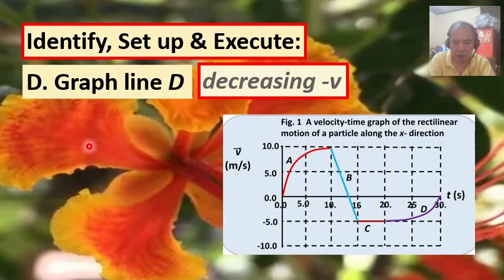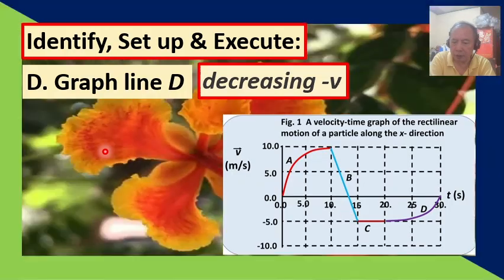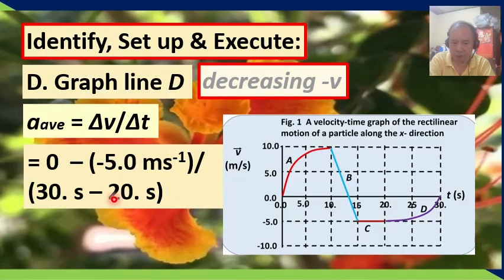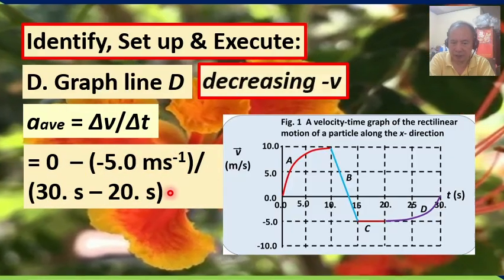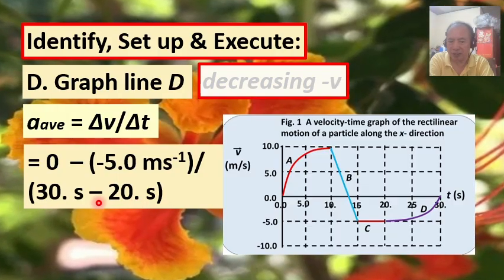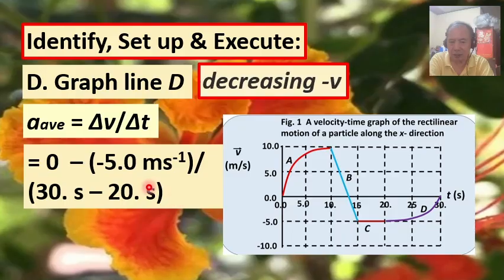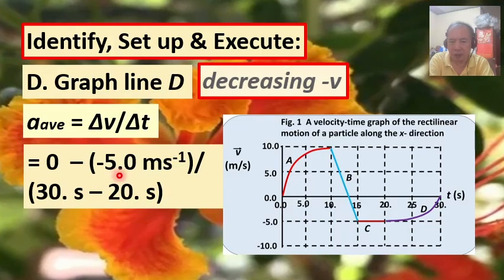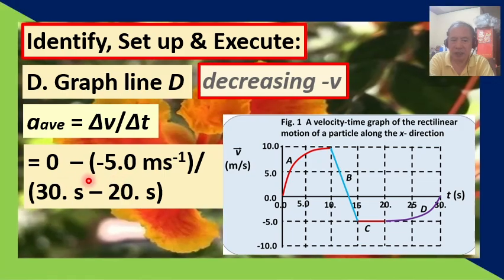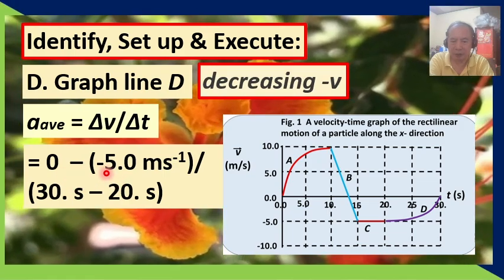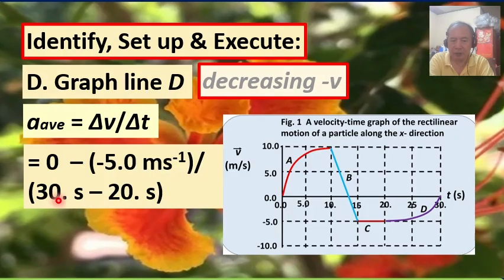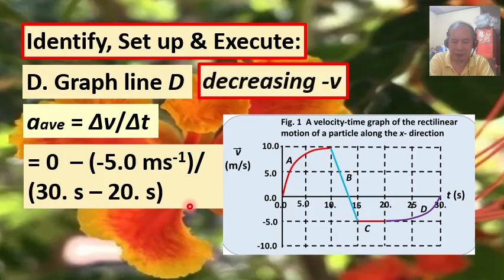So we're going to show the average acceleration, delta v over delta t, and we choose the time interval 20 seconds to 30 seconds, with the corresponding final and initial velocity. That is 0 meter per second minus negative 5.0 meter per second divided by 30 seconds minus 20 seconds.